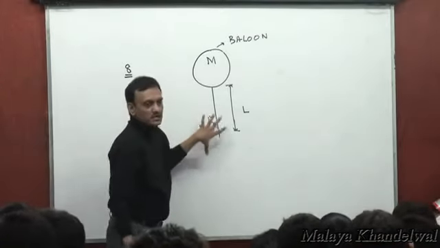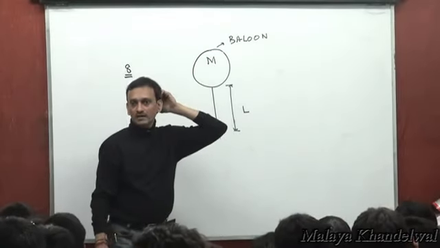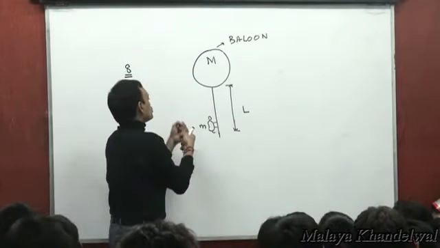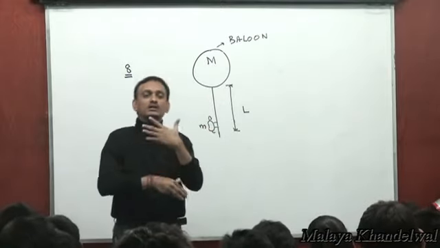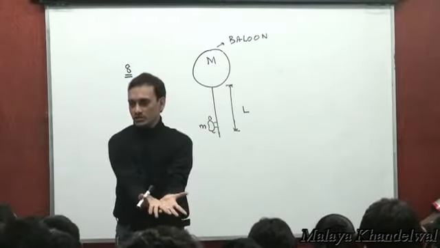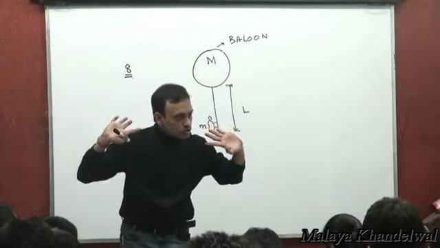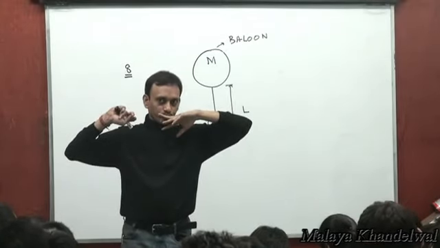The balloon and the monkey system, of course, the force that the monkey exerts on the rope is the force that the rope exerts on the monkey, and that's internal to the system and not going to bother you.